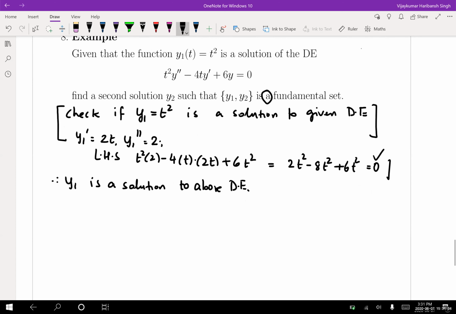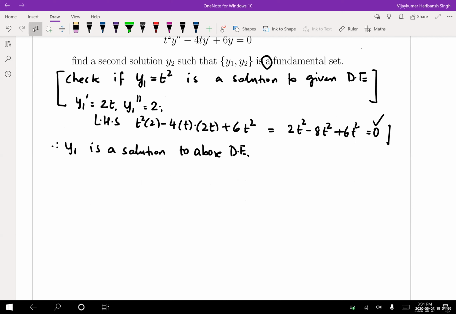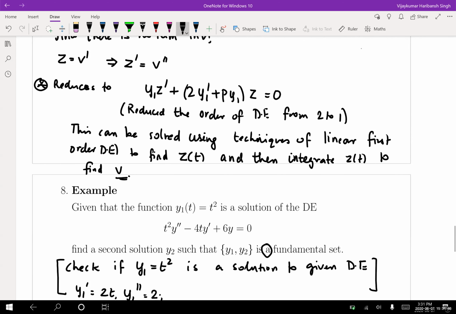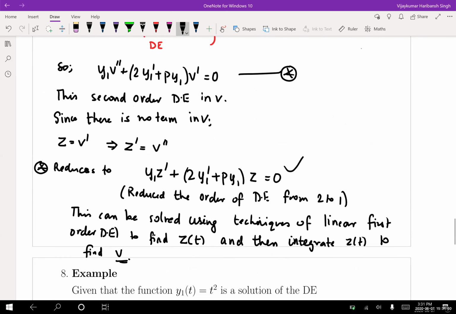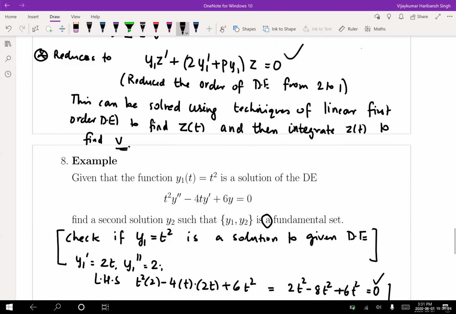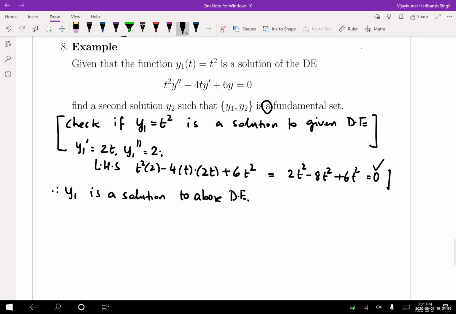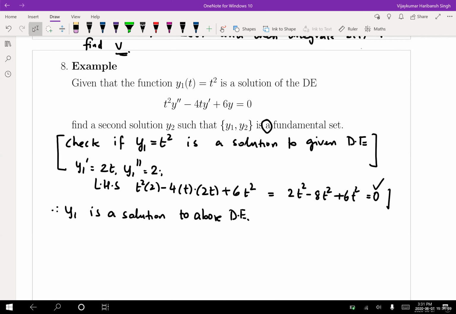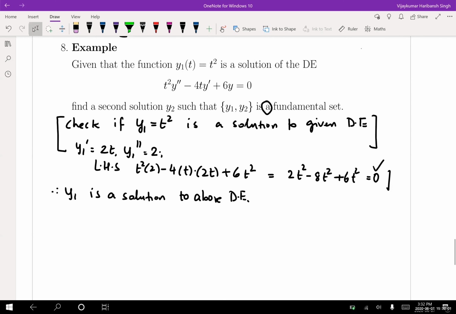Now let's proceed to find the second solution. You can either work right away with what you have found, or let's just go through the steps of reduction again. Okay.